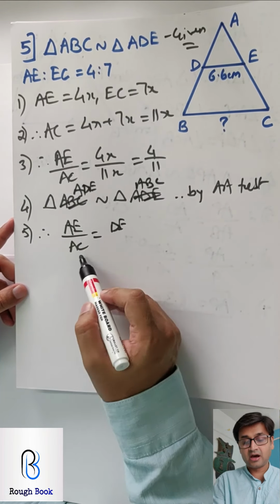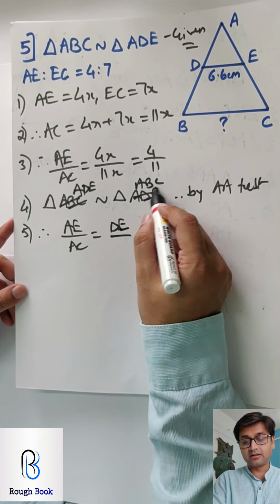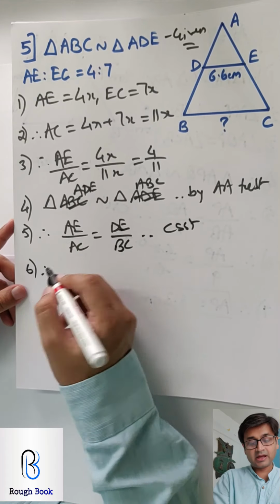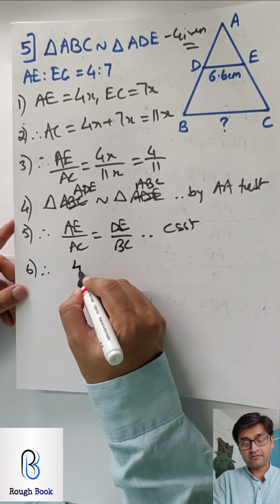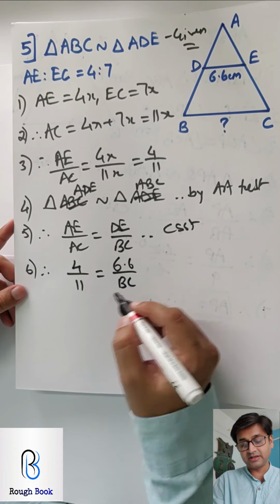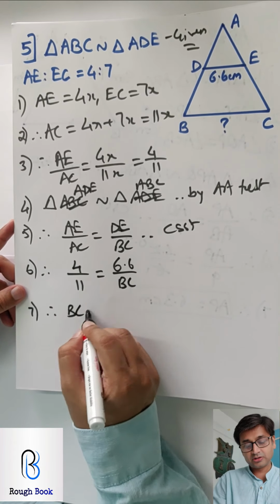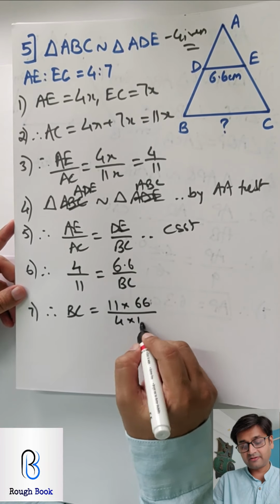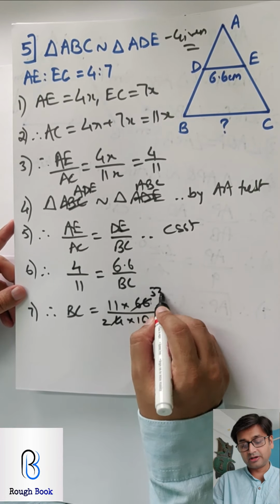AE first, last upon AC. Now DE second, third upon BC, CSST. And therefore AE 4 upon 11, DE 6.6, BC unknown. So therefore BC will be 11 times 6.6 divided by 4.